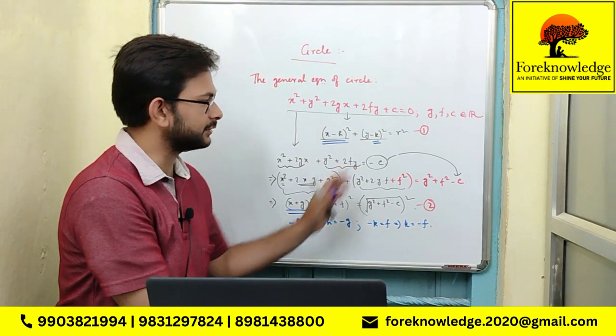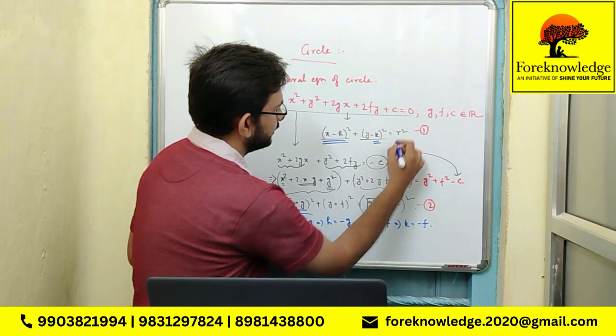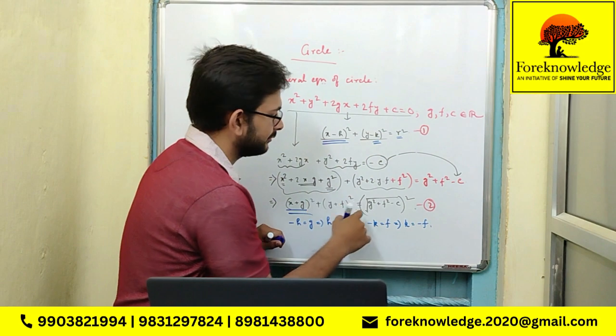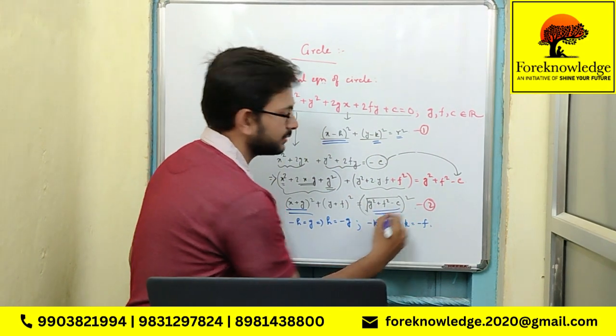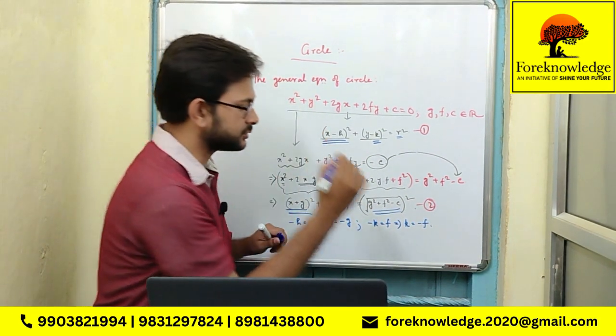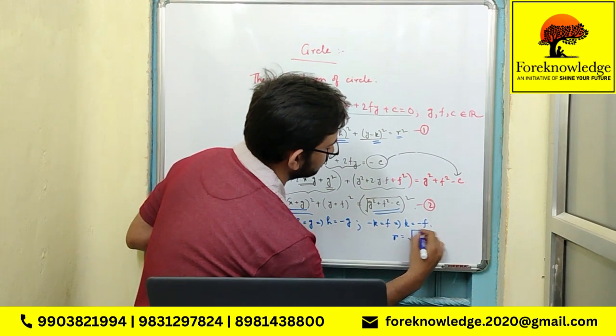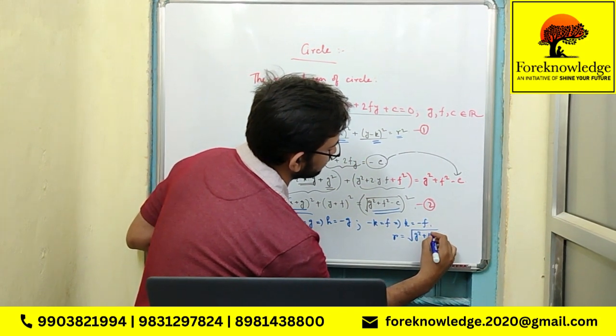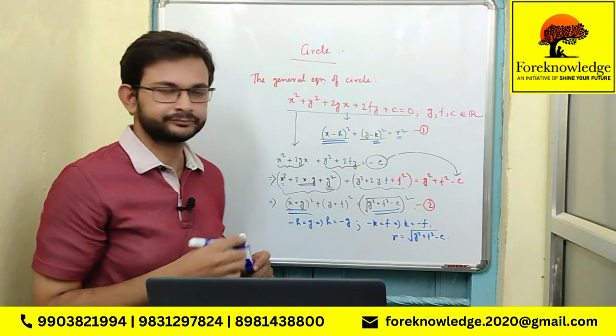And for the right hand side, there was r square. Here this is root under g square plus f square minus c, whole square. So r must be equal to root under g square plus f square minus c.